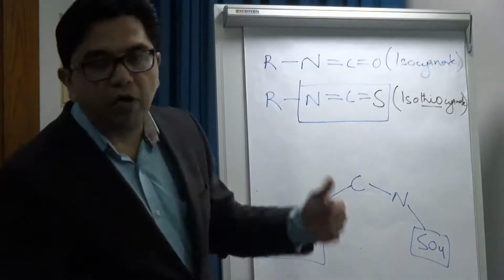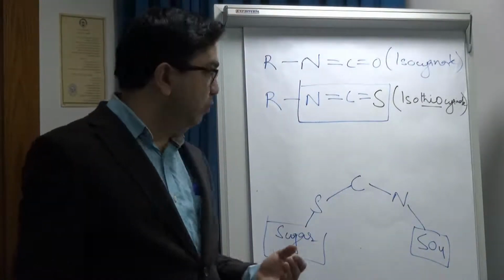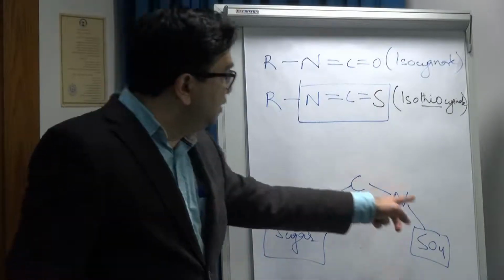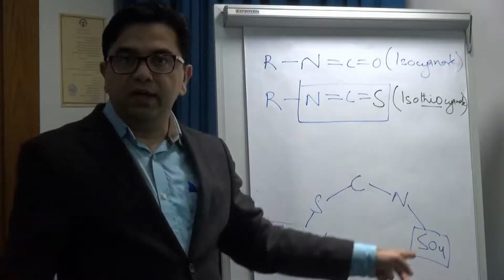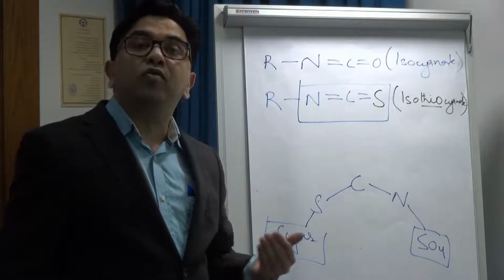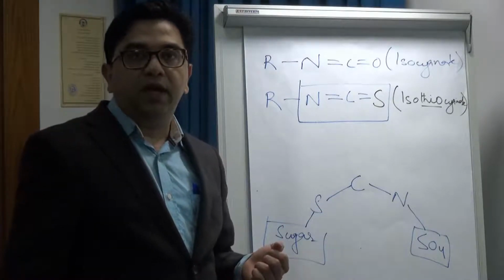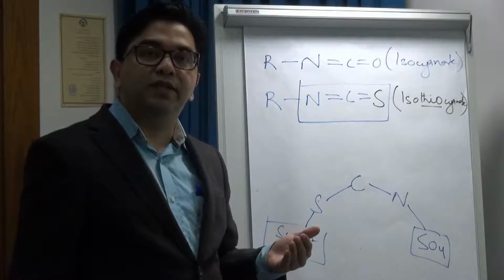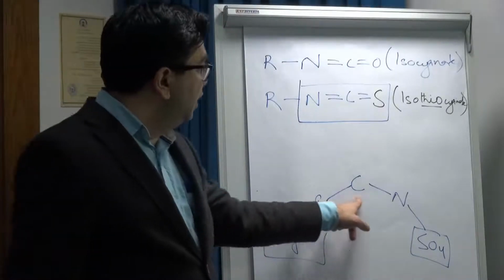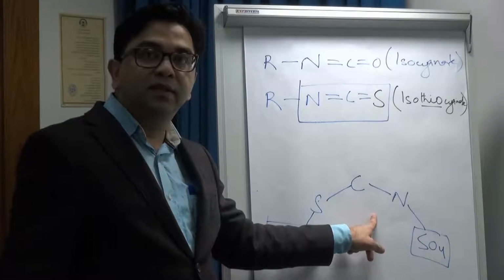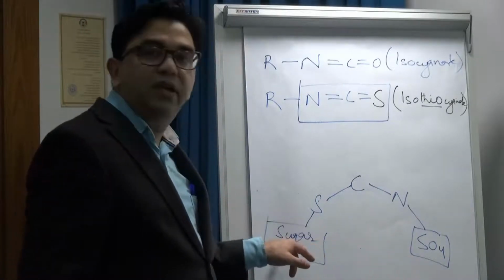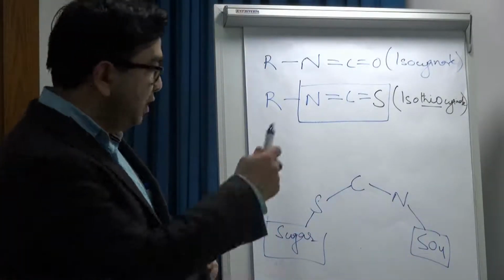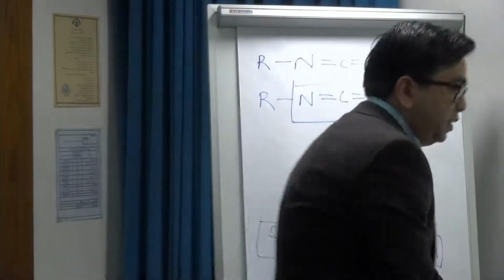So any naturally occurring compound which contains this system is known as a glucosinolate compound. And why are isothiocyanate glycosides classified under glucosinolates? Because they also contain the SCN system which is connected to a sulfate group as well as a sugar moiety. We will see the examples, then we will have a better understanding.